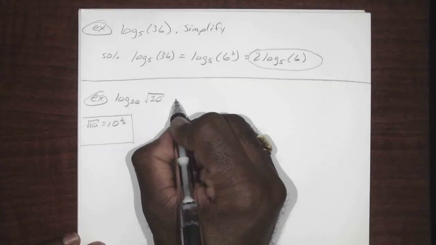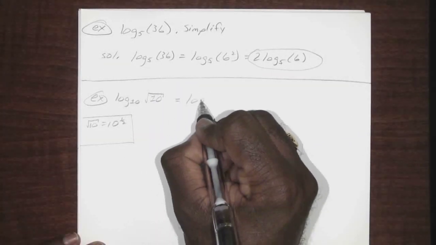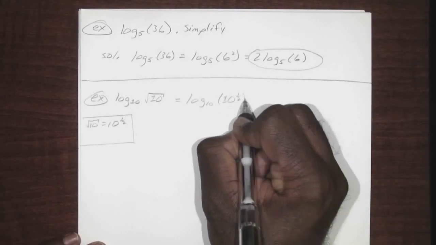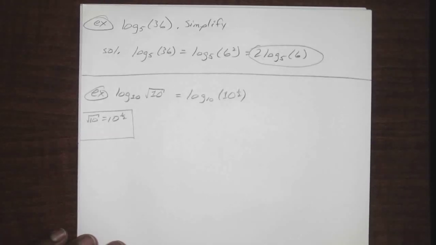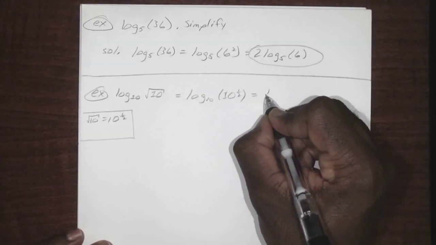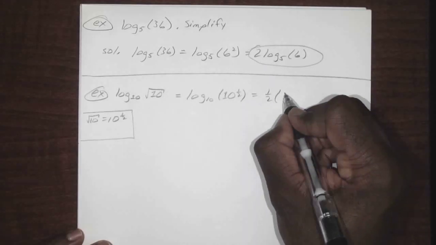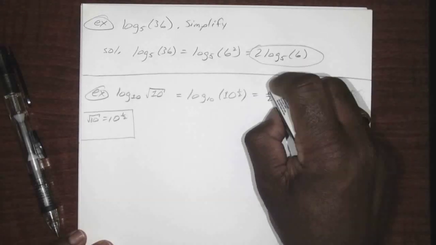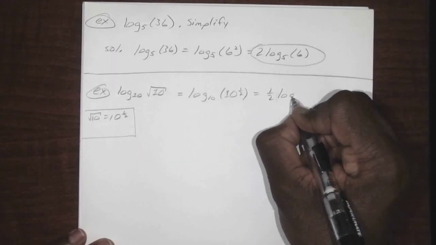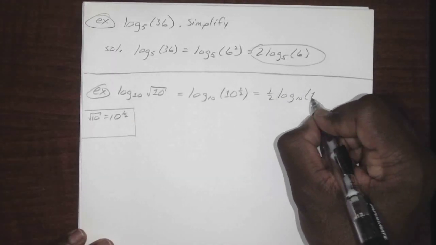So this will just become log base 10 of 10 to the 1/2 power, which means our 1/2 can just come right out to the front. So 1/2 times log base 10 of 10.